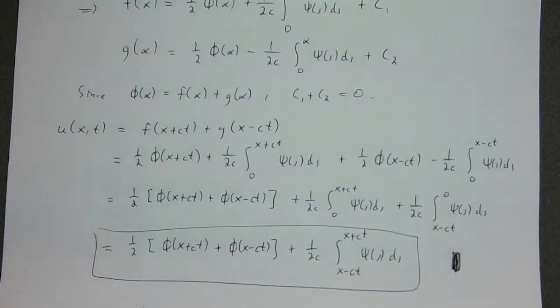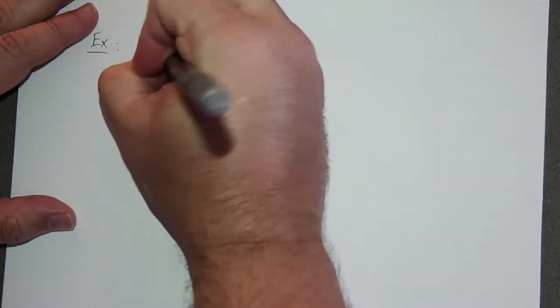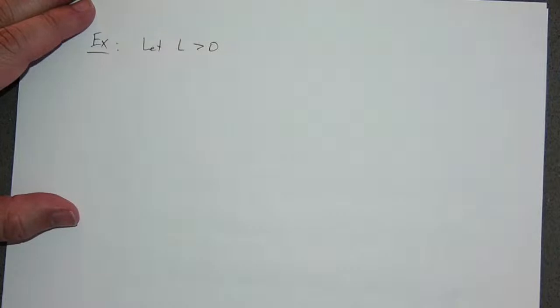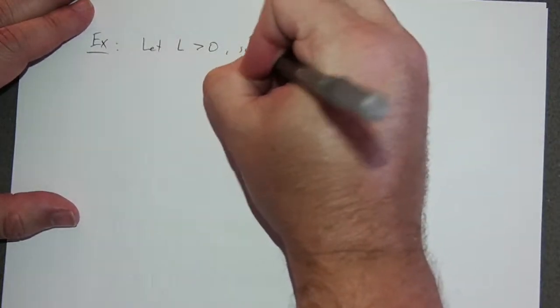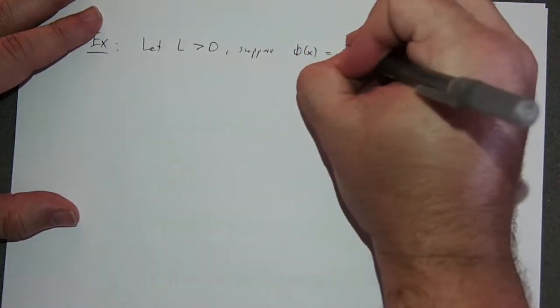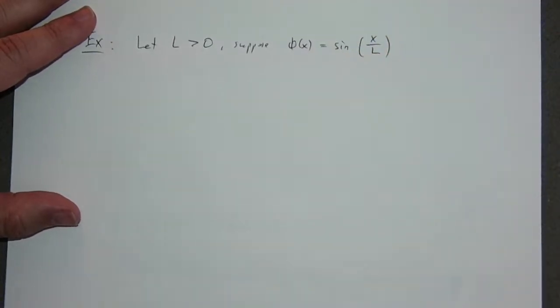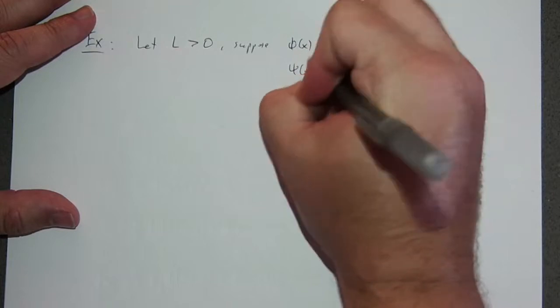For instance, let's write out a specific example that I'll talk a little bit about next time, and leave it there. So, example: let L be greater than 0. Suppose that phi of x is sine of x over L, and psi of x is 0.